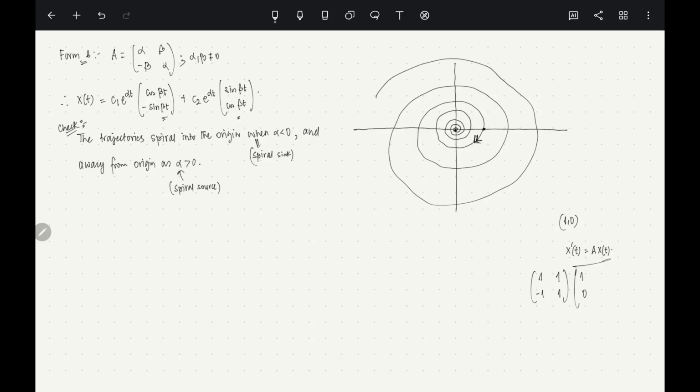Let's say I start my particle at the point (1, 0), so basically x0 equals (1, 0). Now I can see what x prime of 0 is. It is nothing but A x of 0, which is A times (1, 0). In this case, what is A times (1, 0)? It is 1, and this is minus 1. Is it okay?